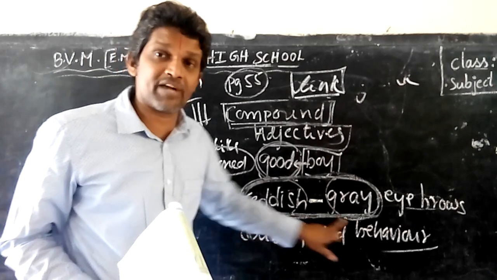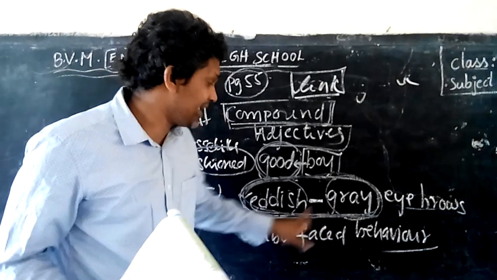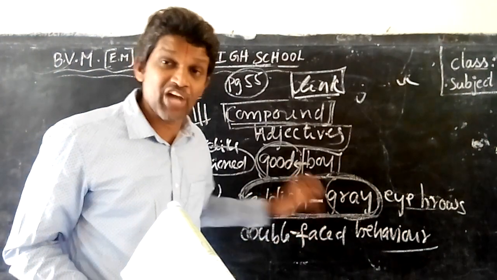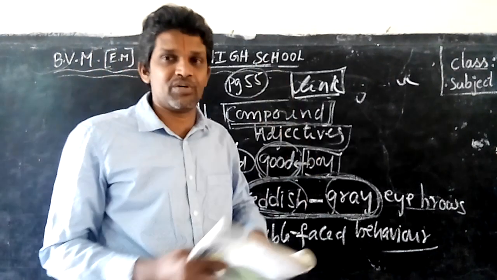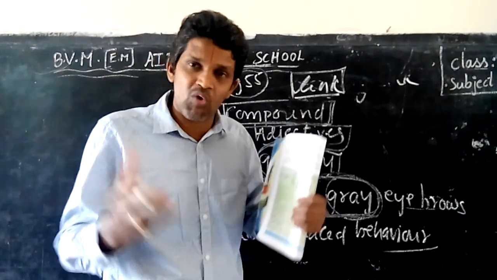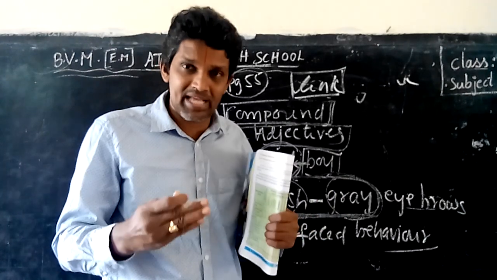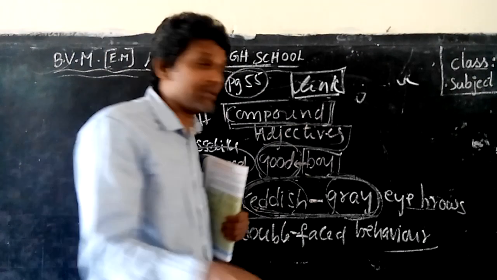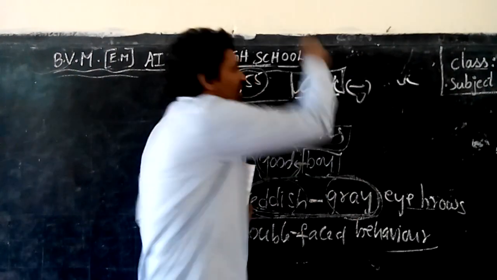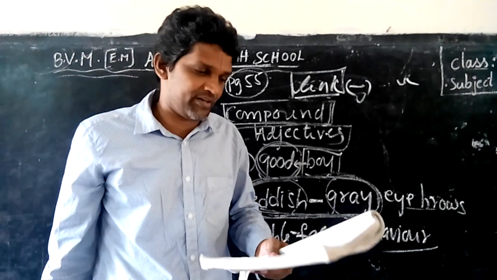Reddish will become a separate word and grey will become a separate word. But we are combining with a hyphen. We are linking these two words to form a compound adjective. How many adjectives you want to put in that sentence? So many adjectives you can place, but we have to link, join, combine them with a small hyphen. Understand? So that is the importance of the hyphen.